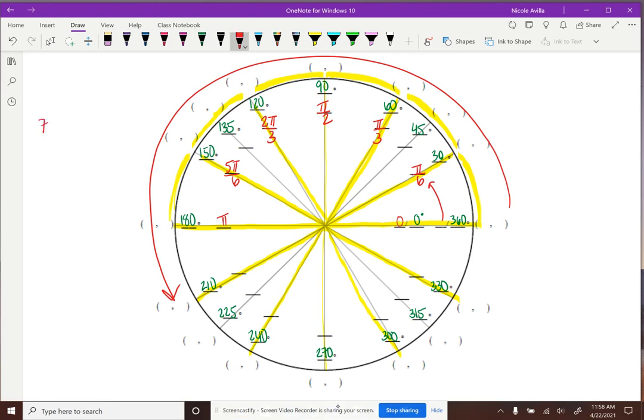So if I go 7 slices of pi out of my original 6, that's where I get my 7 pi over 6. Now down at 240, now I have 8 slices of pi out of 6, but that's the same thing as 4 pi over 3.